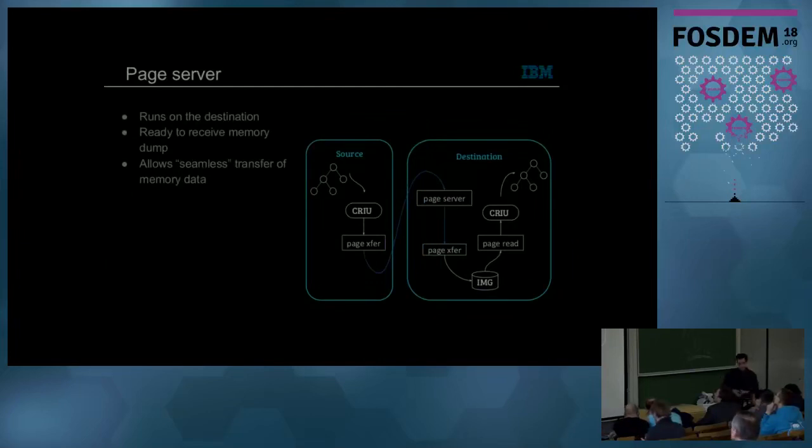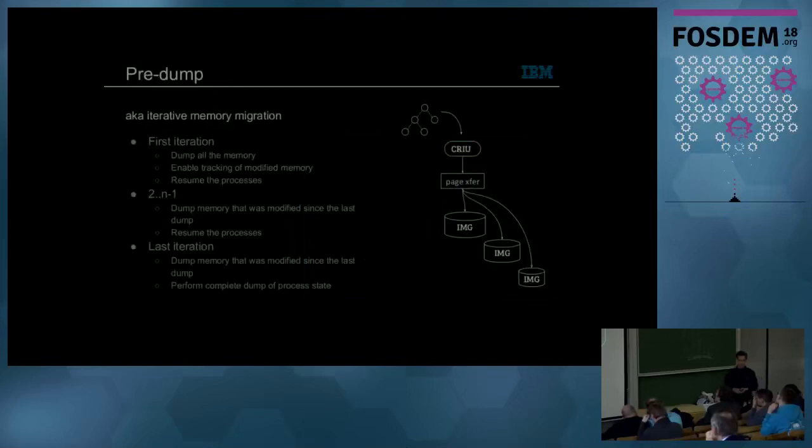To optimize this a little, one can use what we call a page server, so that instead of waiting until the complete memory dump is finished and then transferring the memory image file, you can write all the pages directly to the destination node and save some latency during the migration.